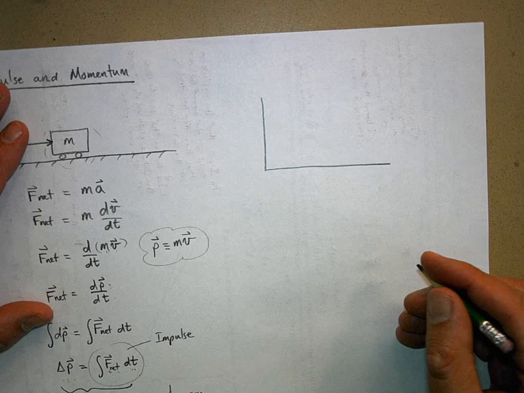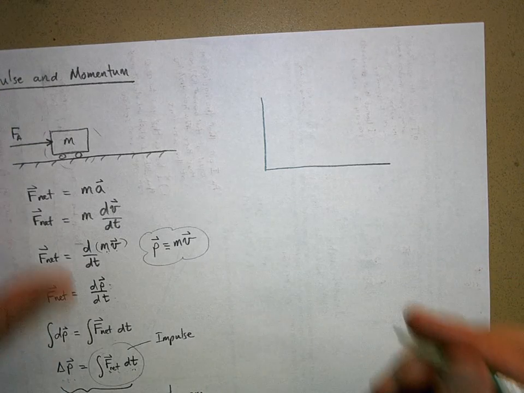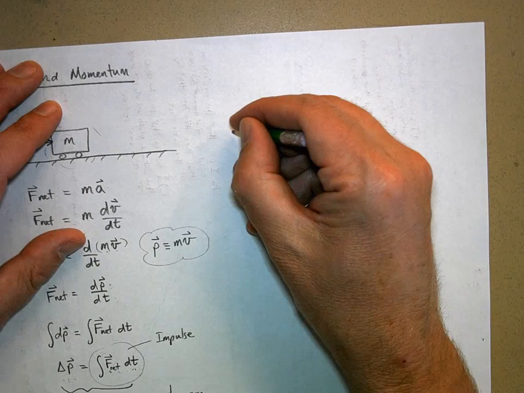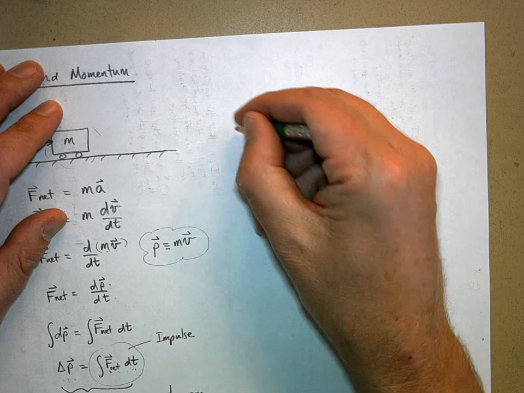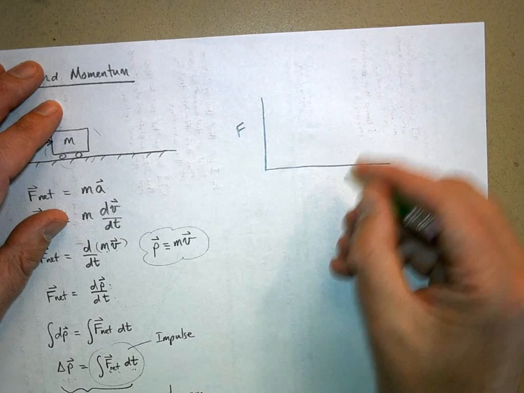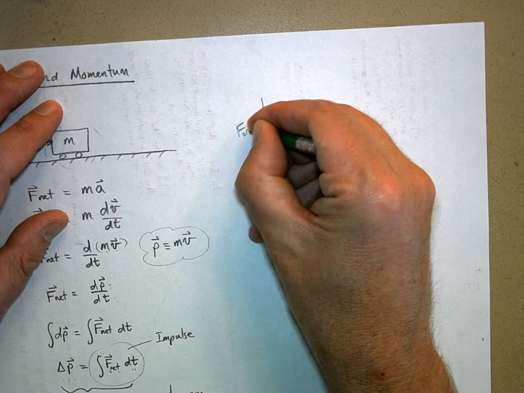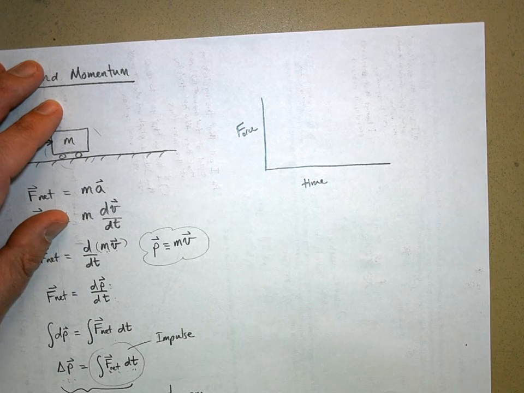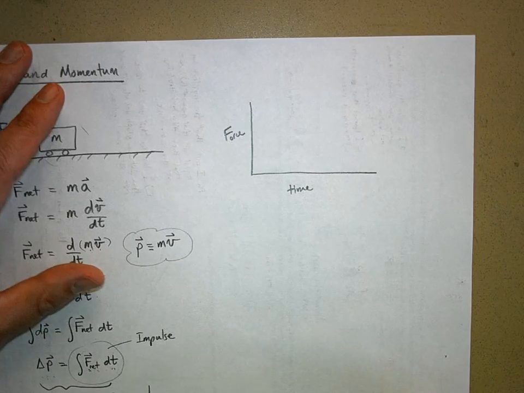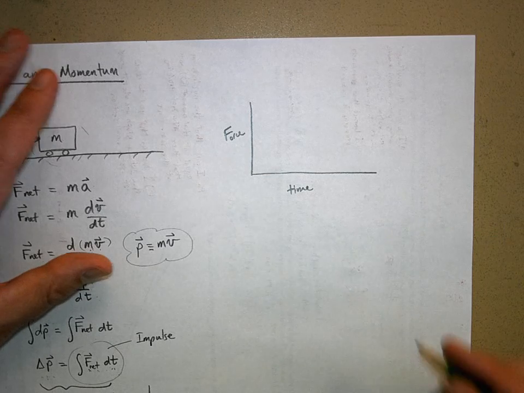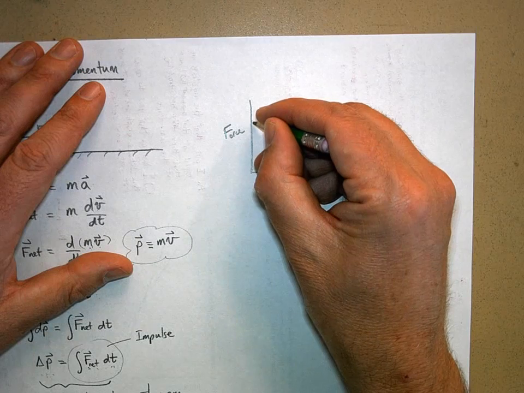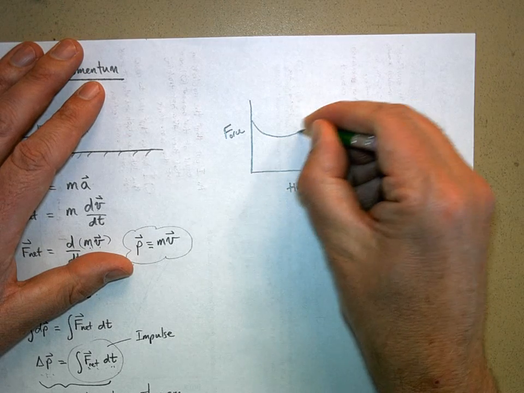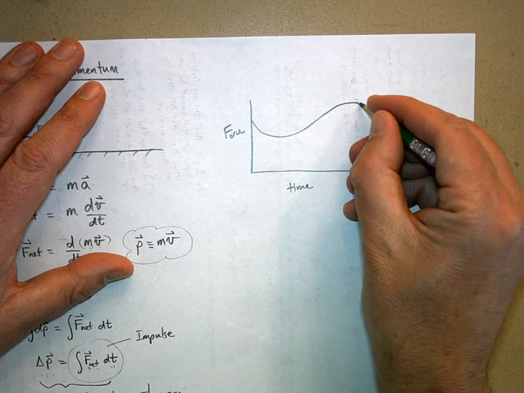Well, anytime you have a quantity like impulse, or I'm sorry, force times time, and by the way, this really has to be the net force for this to work. Maybe you have a force that's a function of time.